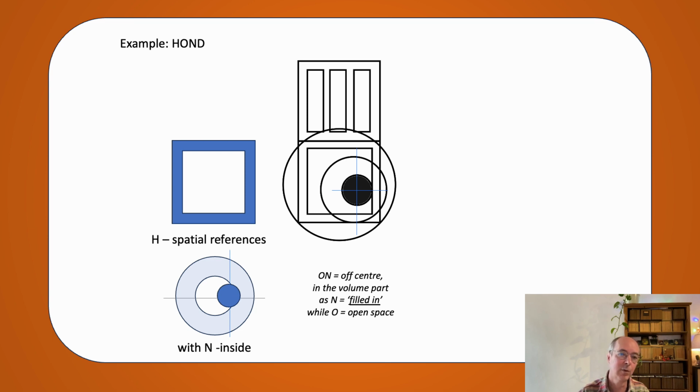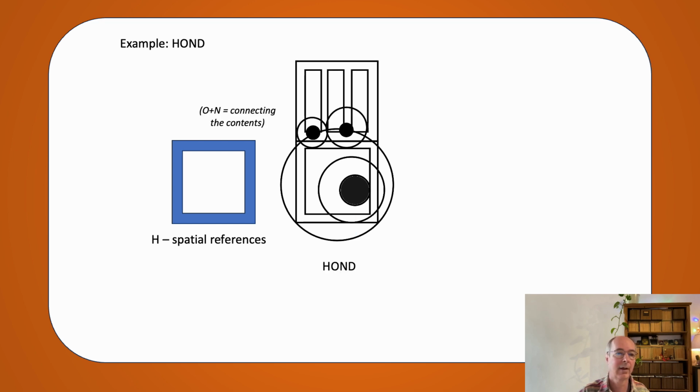And if I use the same frames there, or just a few of these same frames, and I use the O of the environment and put the N to the different elements that can be connecting the dots together, I have the frame that fits with HOND or DOG.